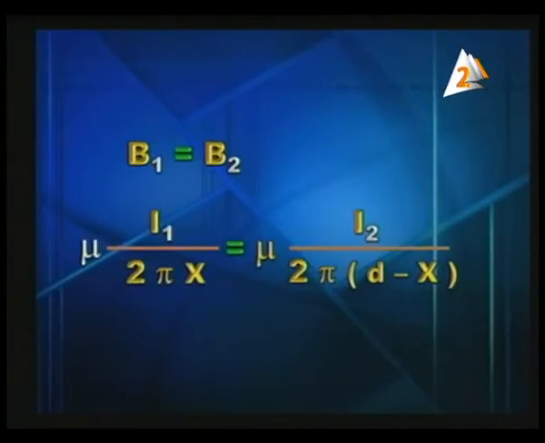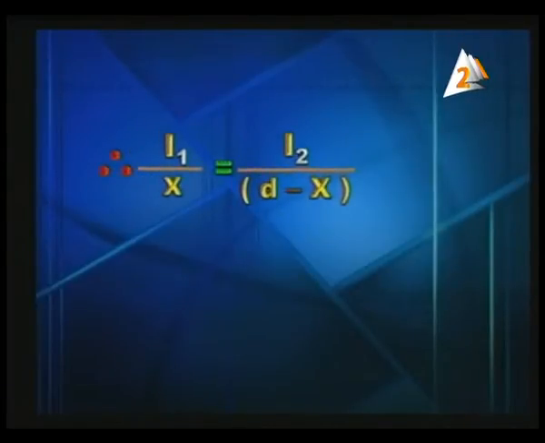Okay, general formula: mu I1 over 2 pi x equals mu I2 over 2 pi (d minus x). There are things that will be crossed out, of course. So we can say I1 over x equals I2 over d minus x.